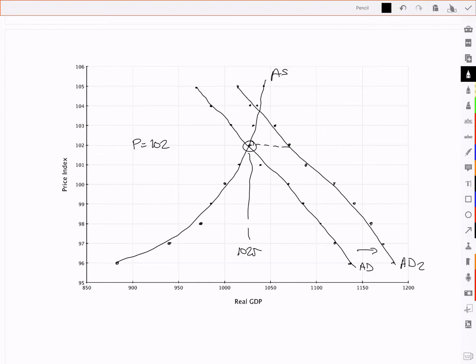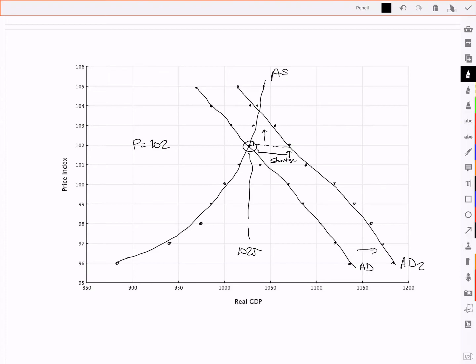So our aggregate quantity demanded is more than our aggregate quantity supplied. So notice there's a difference here, and so we actually have a shortage. And that shortage drives up the price.